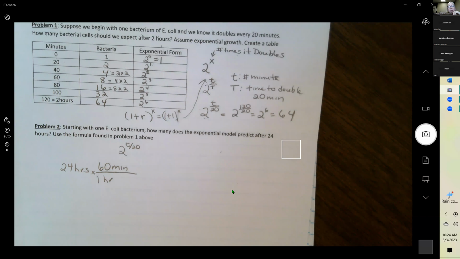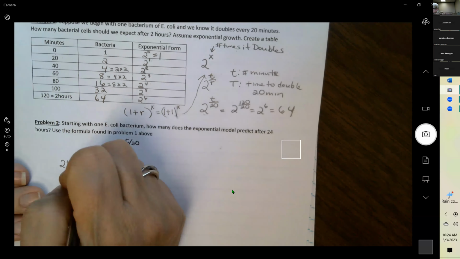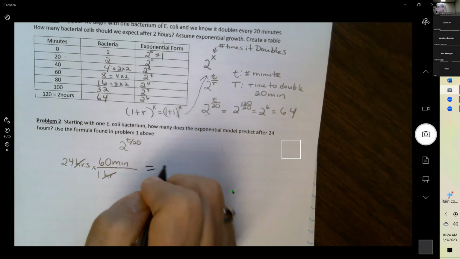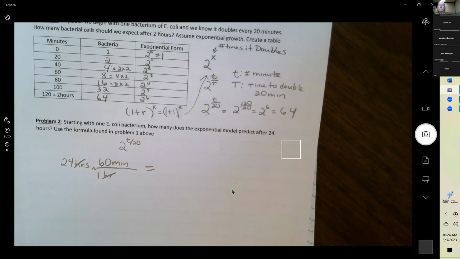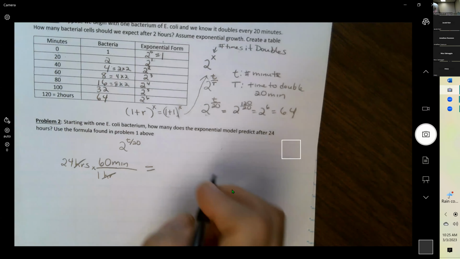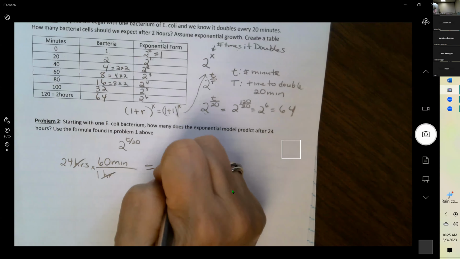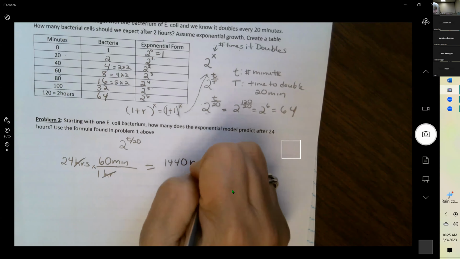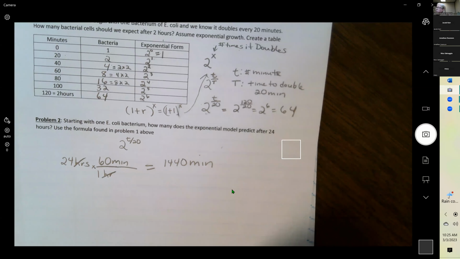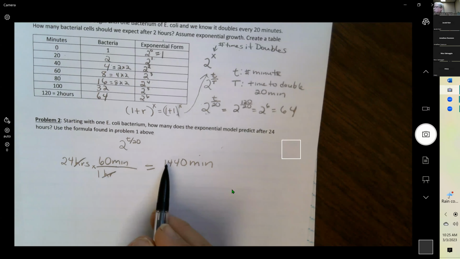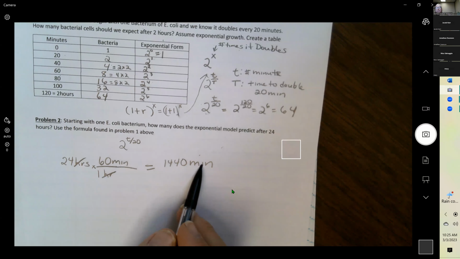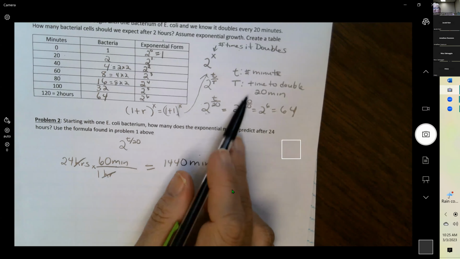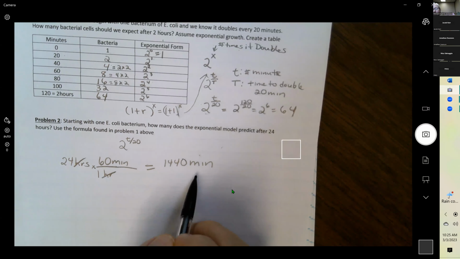I was right, because I want the hours to cancel. 24 times 60 is 1,440 minutes. T was in minutes, so I can plug that in now.